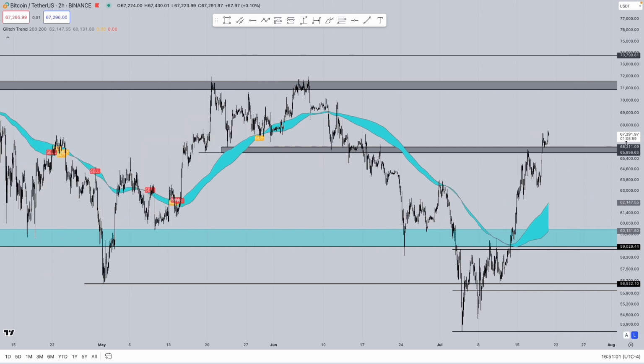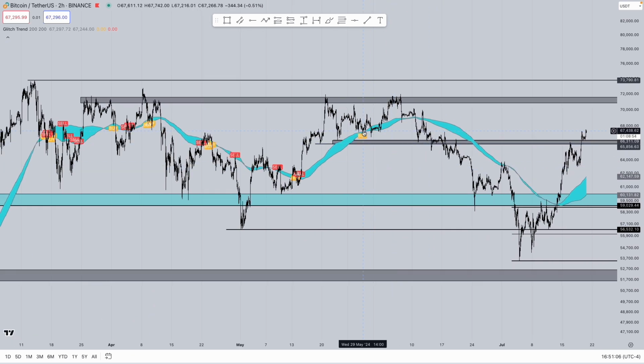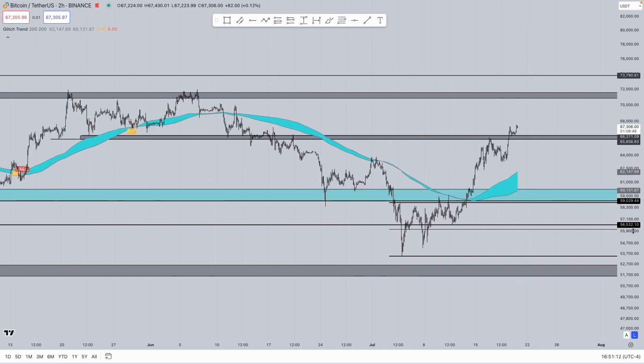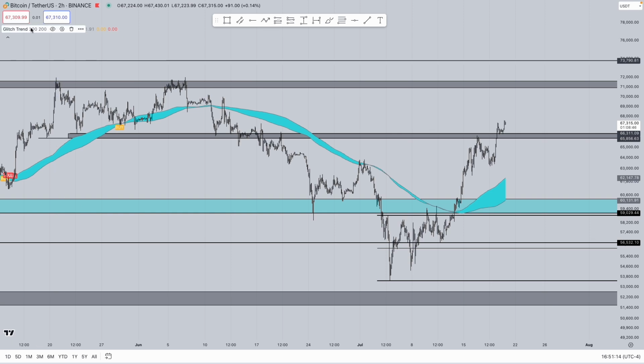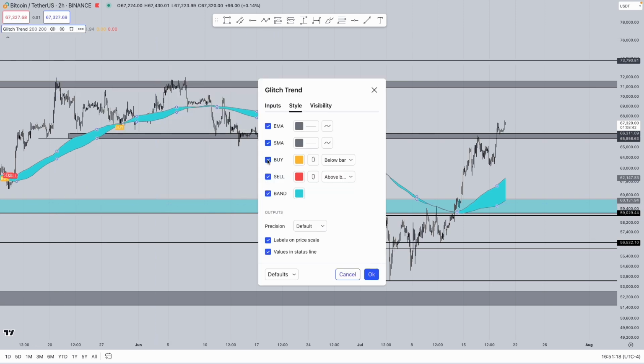So now this is just the basic default settings. It does have buy and sell signals for you, as well as the coloring is set to this color by default. But the simple settings that I use just to give it a nice clean look, I do turn off the buy and sell signals. It is a nice feature if you want to use it, but for now I just turn them off.